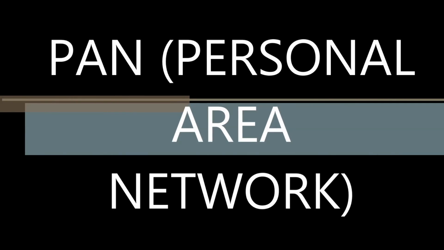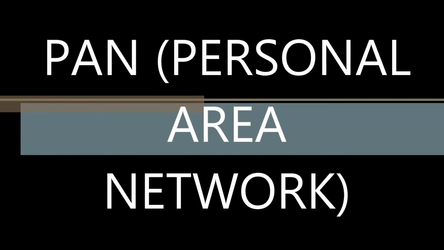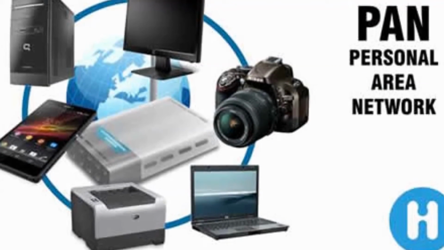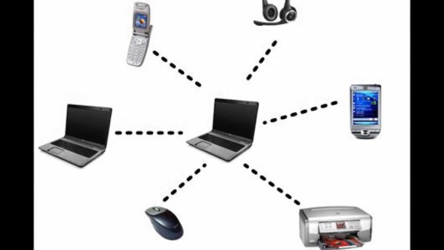Apart from these three main networks, there are many other types of networks, and one of them is PAN, that is Personal Area Network. It is a computer network used for data transmission among devices such as computers, telephones, and personal digital assistants.